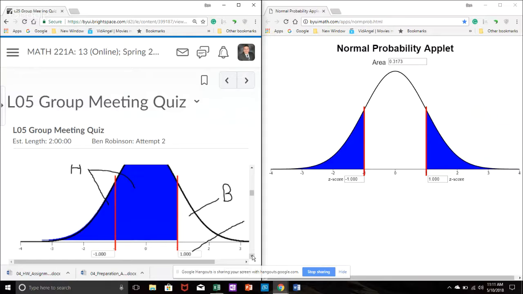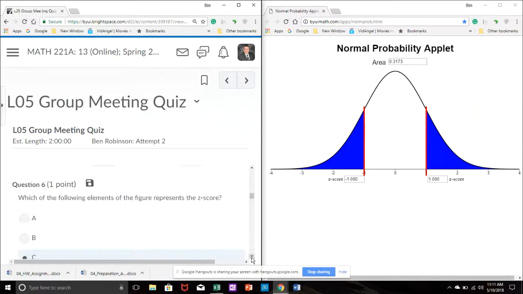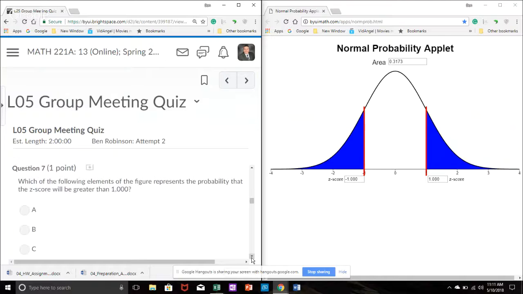Did you say greater than one? Right, the possibility that it's greater than one. And here we know that this z-score here is one, right? Right. So it will be B because that will be greater. I agree.